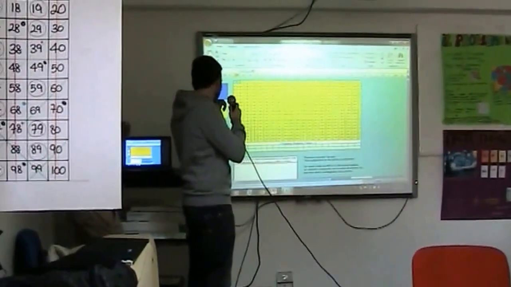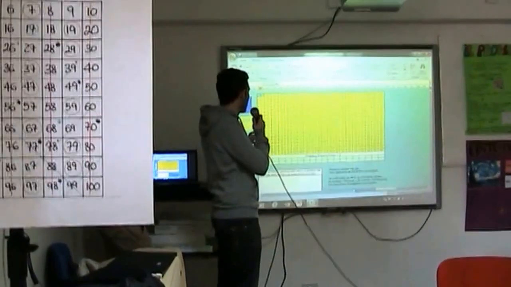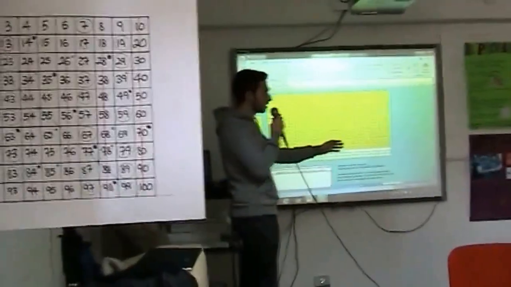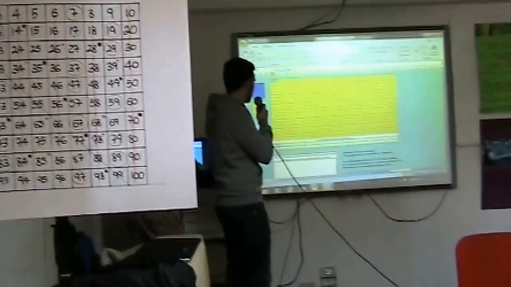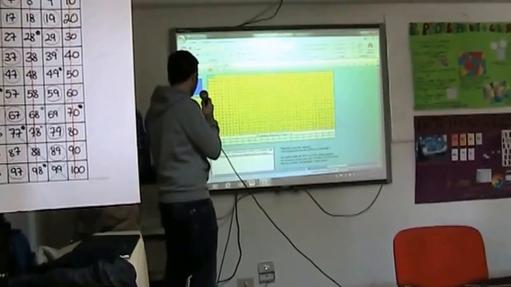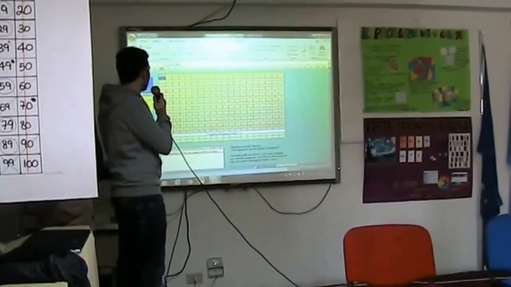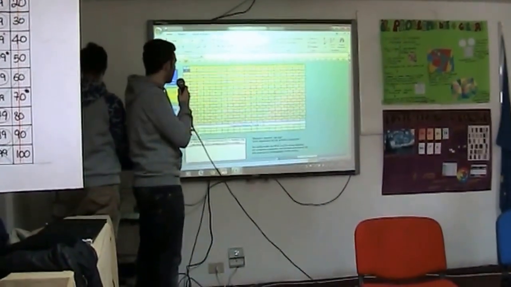Here we have the numbers from 1 to 400, and if you write down numbers in these boxes, the first prime number is number 2.